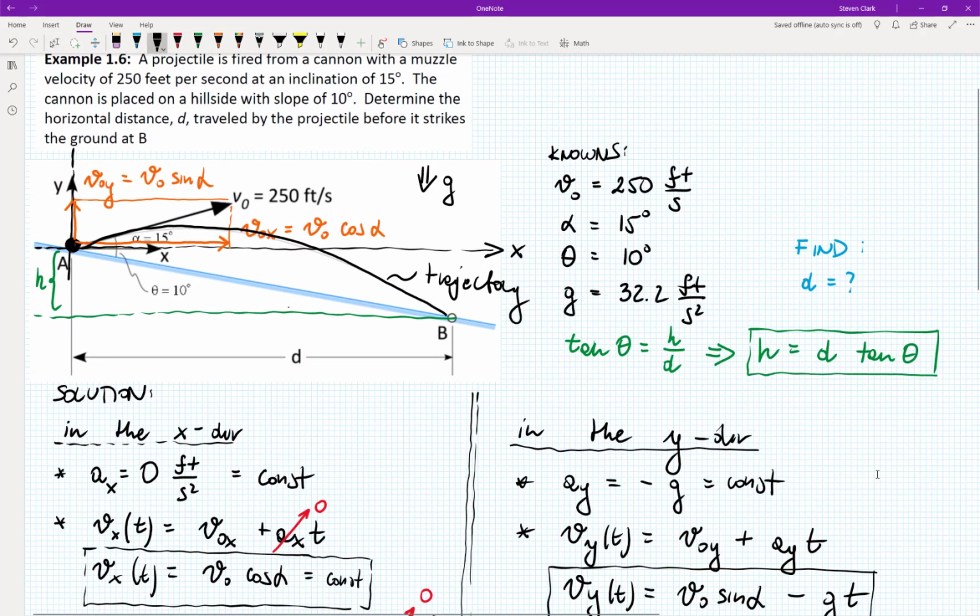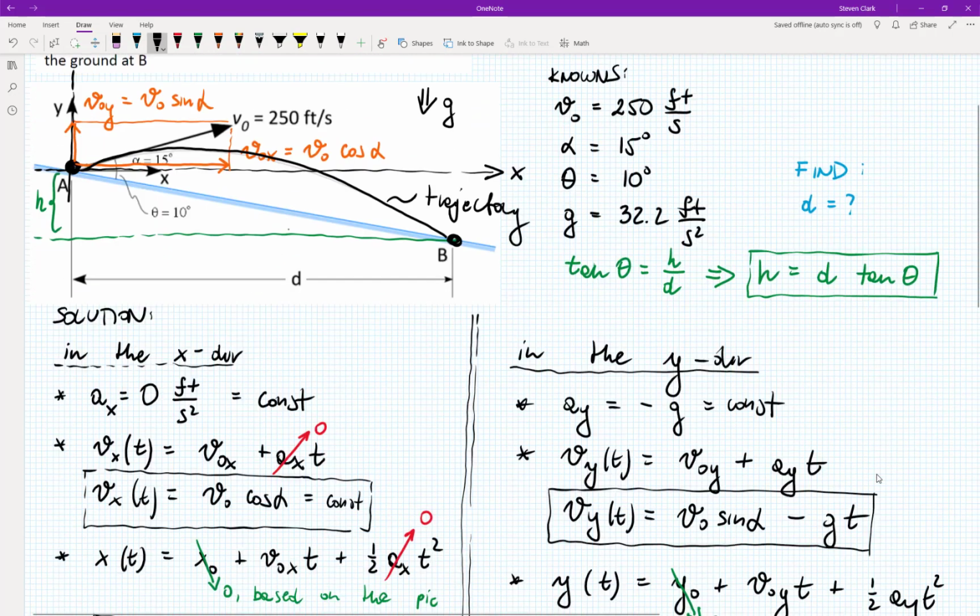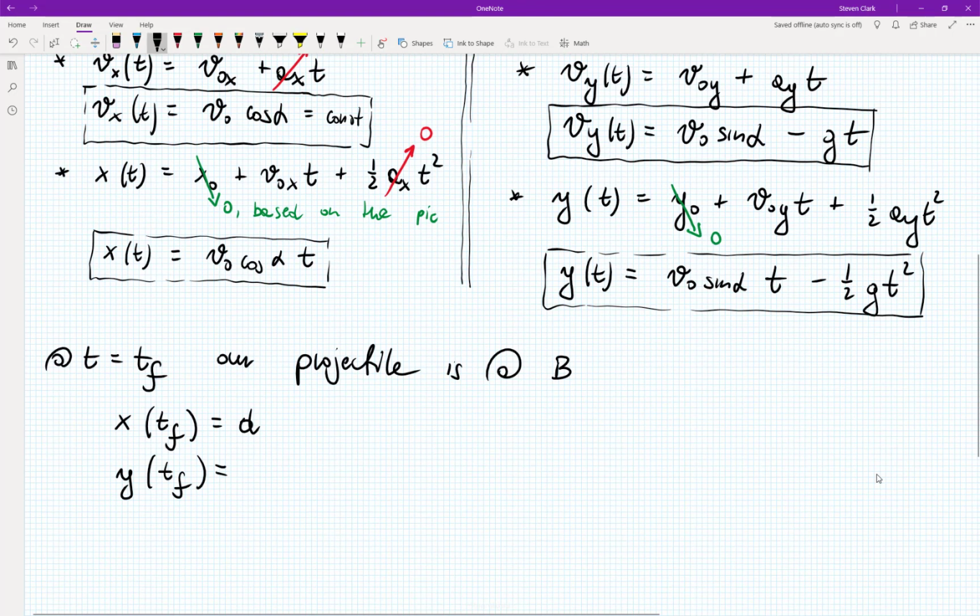What is that? Negative h. Yes, it will be negative h.